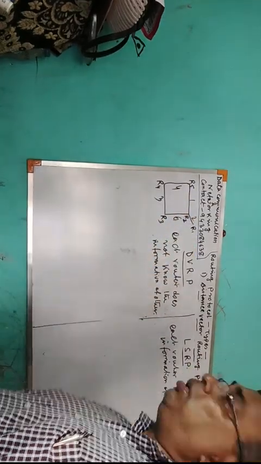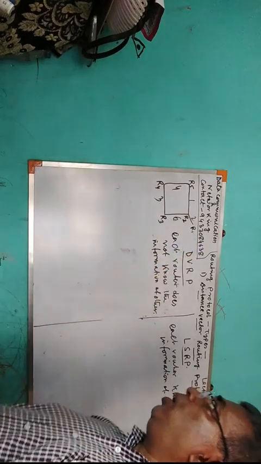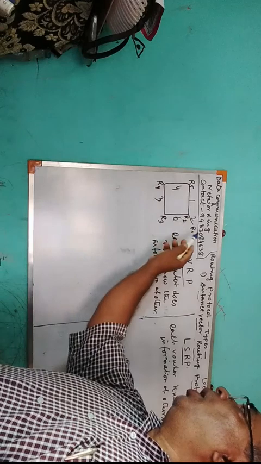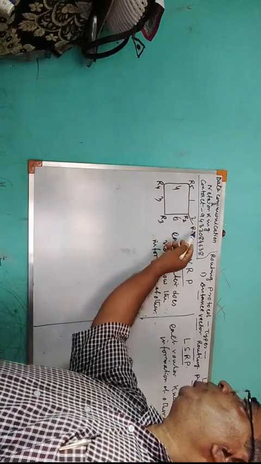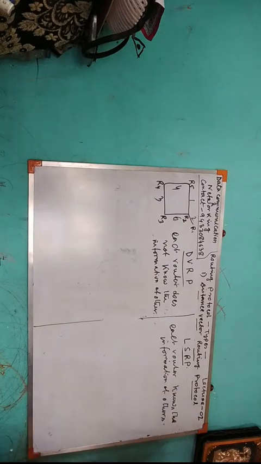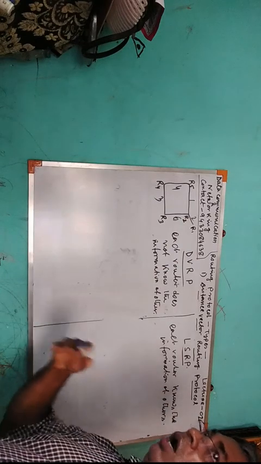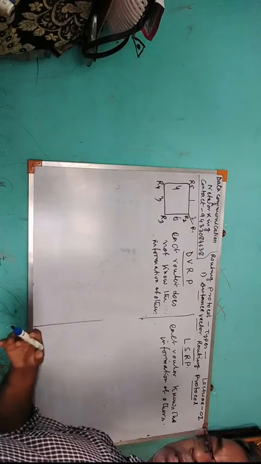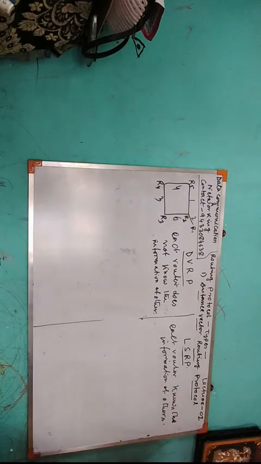R2's information will be known to router R1. Similarly, R3 knows the information of R2 and R4. R3 doesn't know the information of R1 and R5. So in case of link state routing protocol, every router knows how many routers there are and knows their information. Okay, this point says that.